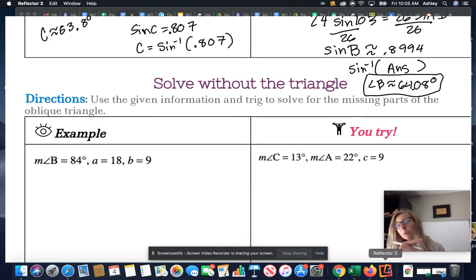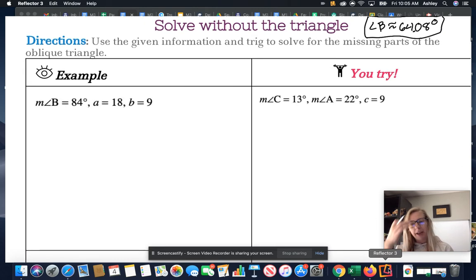All right, here's where we really need to pay attention and look for those ambiguous cases, because I don't have a triangle to base my information off of, so I need to really pay attention to that side-side-angle, or in reverse, angle-side-side. Okay, so what we want to do here is just indicate what information we're given.